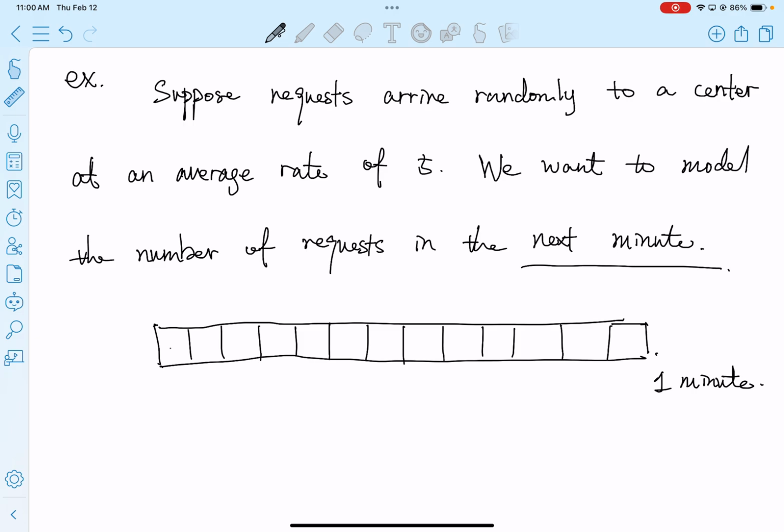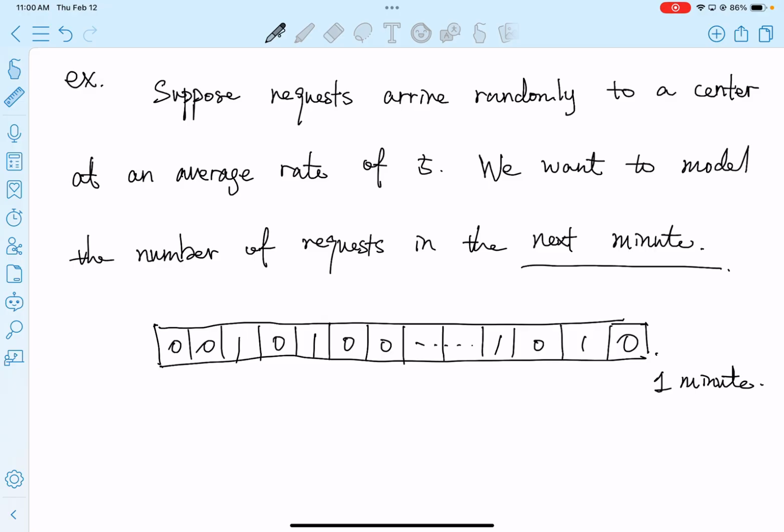We might not receive a request on the first second or the second second. We might receive a 1 on the third second, and 0, another 1, 0, 0, and then maybe another 1 here, 1 and 0.